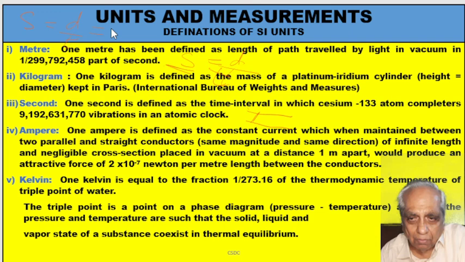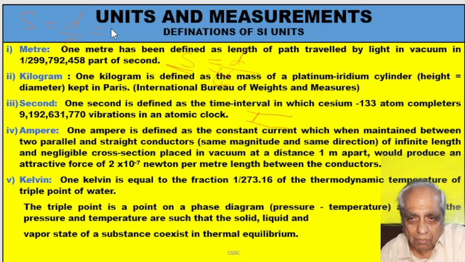So speed is 299 and so on, and multiply by 1 upon this number. So this will get cancelled, so I will get 1. Therefore 1 meter. So now, no ambiguity is there. Anybody can do it in an experiment. You take in vacuum, you see how much distance light travels in this amount of time.